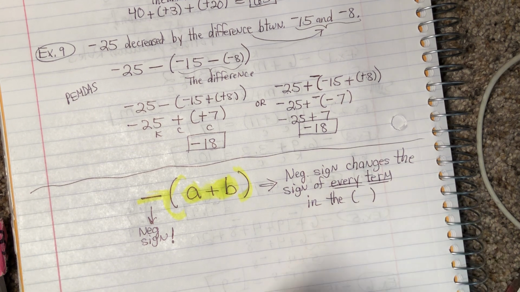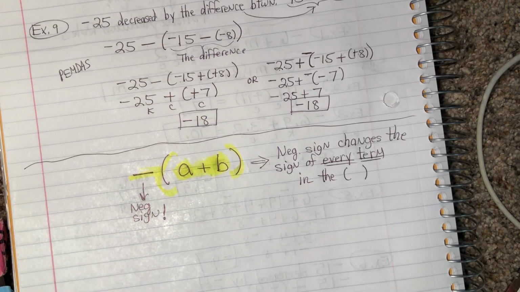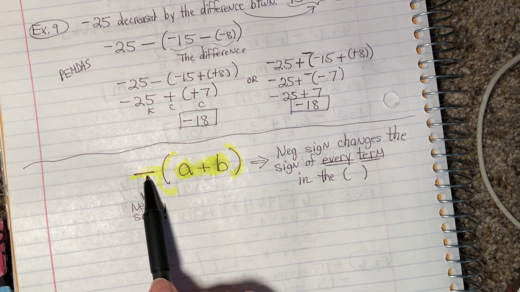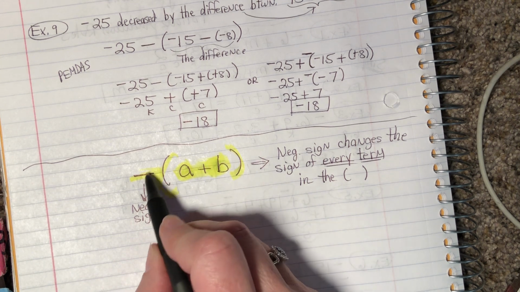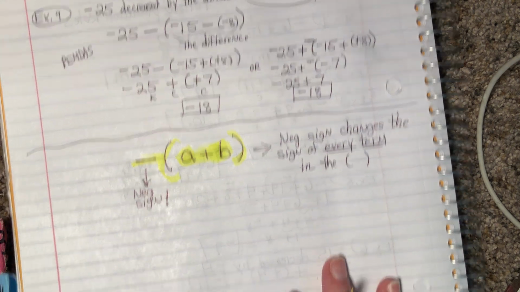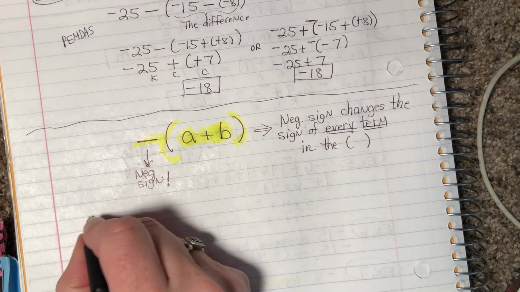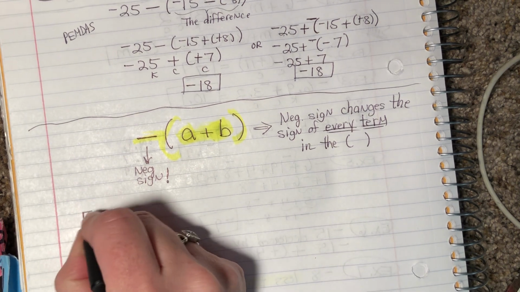It's a very easy idea, but for some reason it's so hard for people to get. I don't really know why. Whenever there's a subtraction sign on the outside, in a way, it distributes to everything, and it changes the sign. So here's what that looks like.